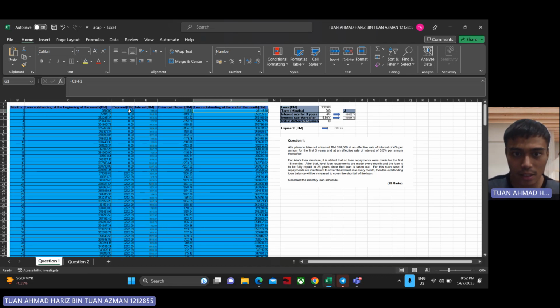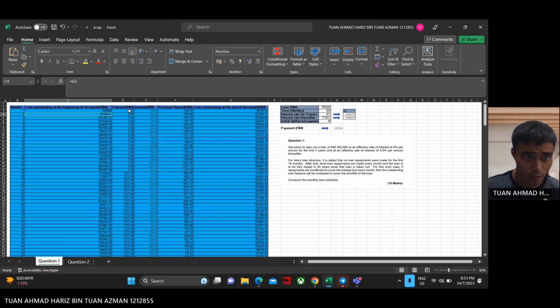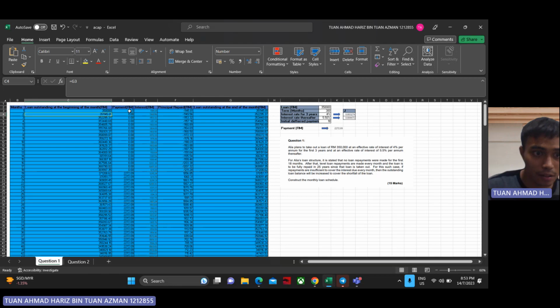And lastly, in the loan schedule, we have to put the loan outstanding at the end of the month, which is calculated by taking the loan outstanding at the beginning of the month and then minus the principal repaid.